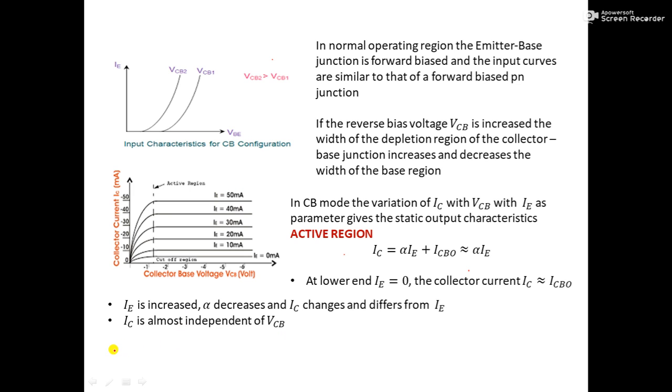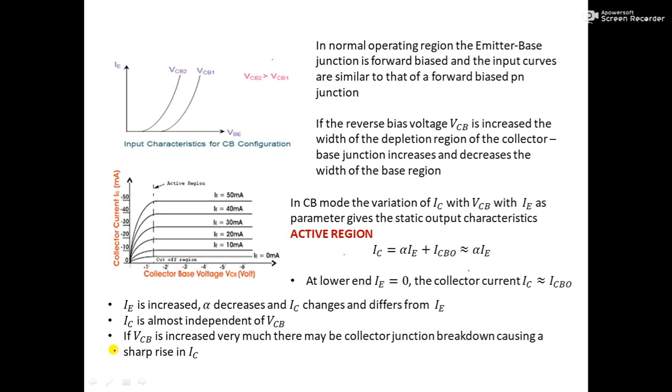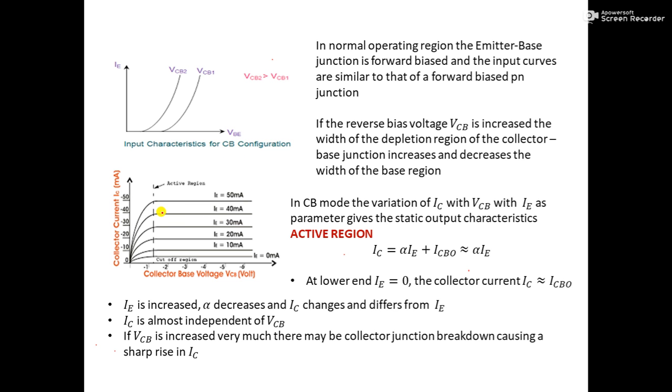If VCB is increased very much, there may be collector junction breakdown, causing a sharp rise in IC. It is seen that for VCB greater than 0, IC is independent of VCB.